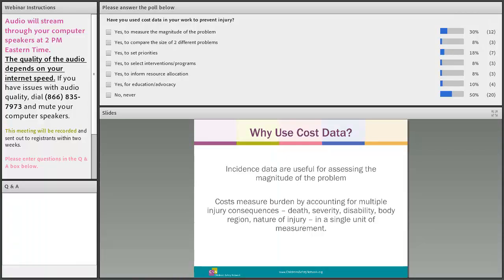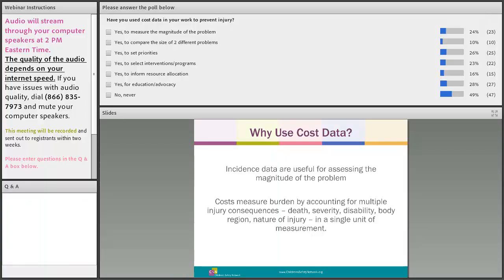And if you haven't ever used it, that is great news also, because there will be a lot of good information later in this presentation. So it does look like a number of you, nearly half, have used cost data in your work to prevent injury. And I hope that this presentation will have a little something for everybody and that you can take away.